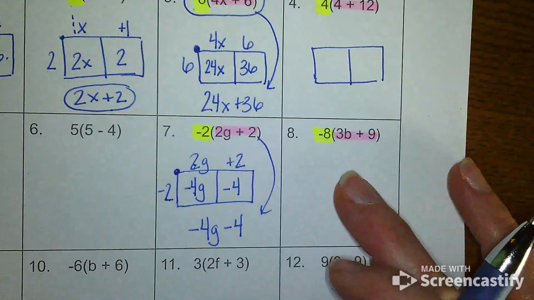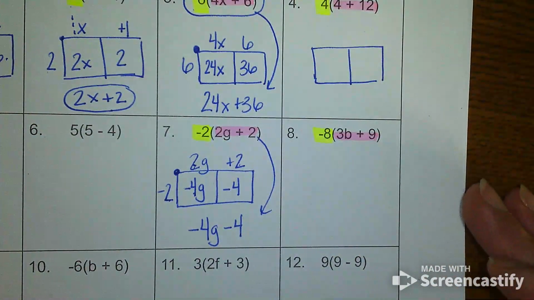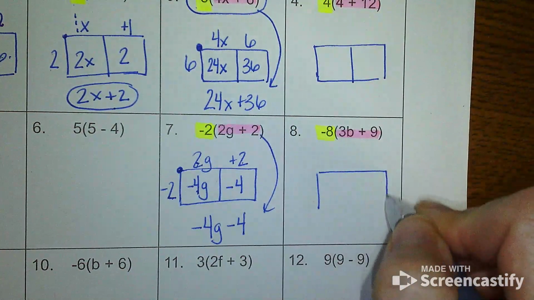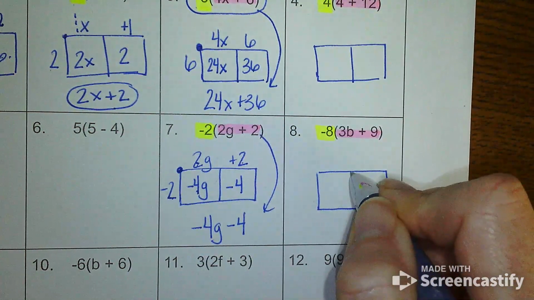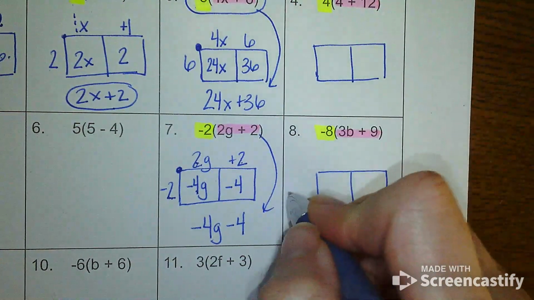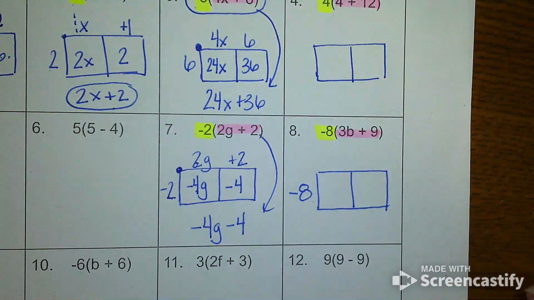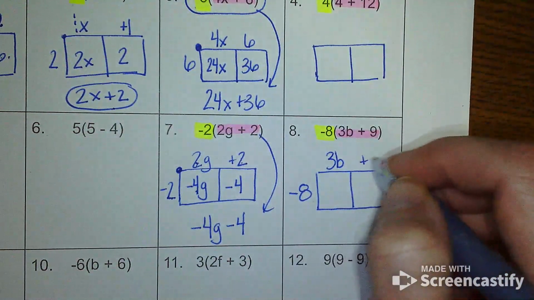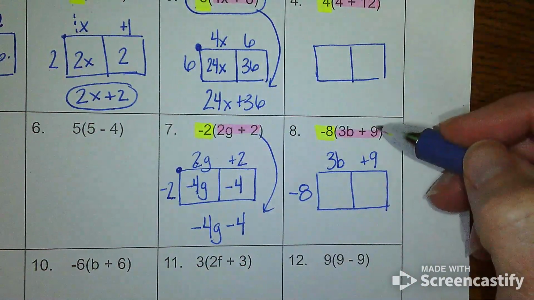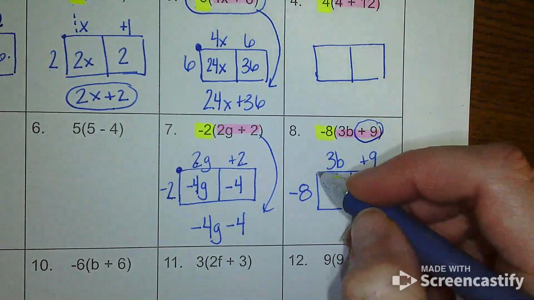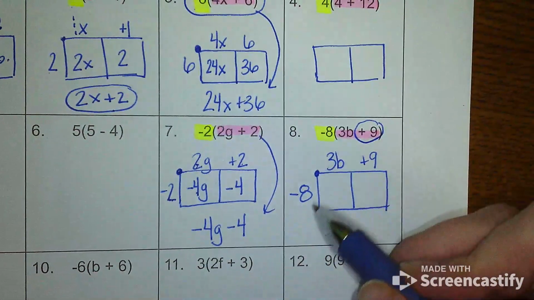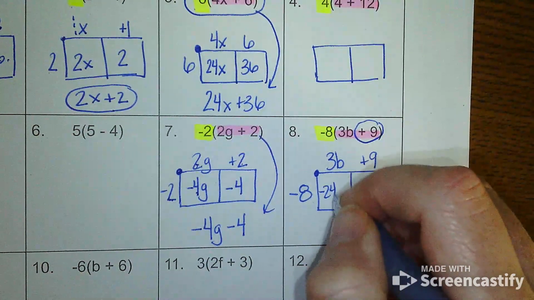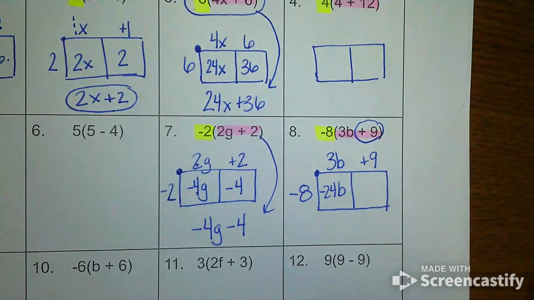The last one I'm going to do with you before I have you pause the video and do these on your own would be distributive property box. Break it into 2 groups. I want to return 8 groups or have negative 8. Inside each group is 3b and a positive 9. The symbols from the problem go with us. So now I have negative 8 times positive 3, which is a negative 24, and the b follows along as a hitchhiker.